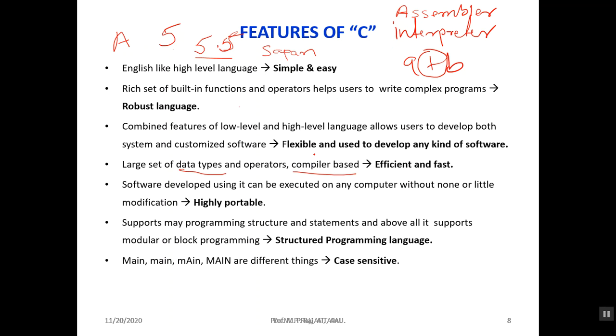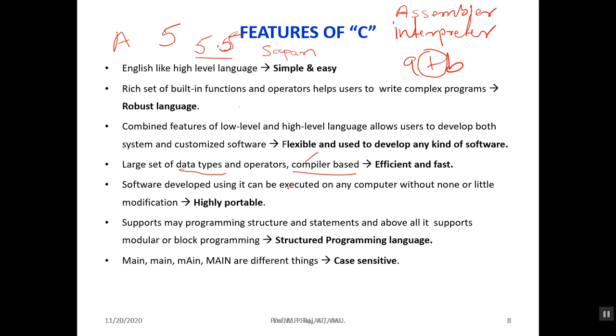It converts the whole program into machine level language. It checks whether your program is wrong or right, syntactically and grammatically, and if it is converted into machine level language successfully, only then can you run the whole program. So this is faster compared to an interpreter. Thus we can say that the C language is efficient and fast.